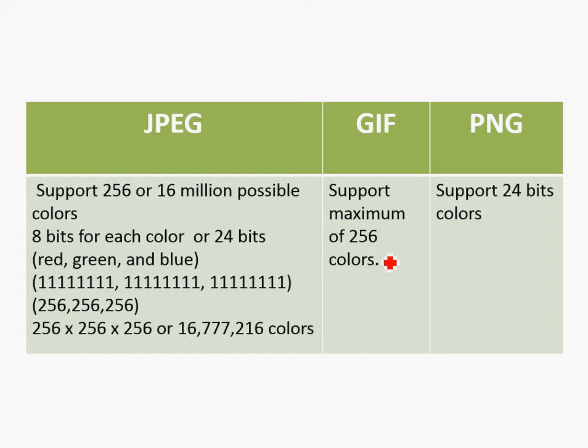It supports only 256 colors. PNG also supports a transparent background but with an alpha channel. Alpha means it will contain the level of transparency from low to high. Again it contains 24-bit color, meaning 16 million possible colors.